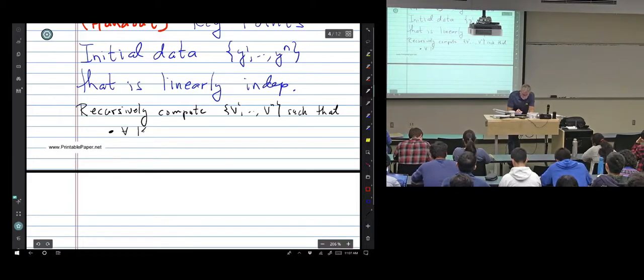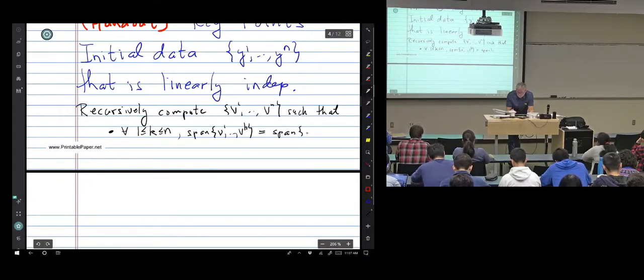For every k between 1 and n, the span of the first k new vectors that I compute is precisely the same as the span of the first k vectors in my set.